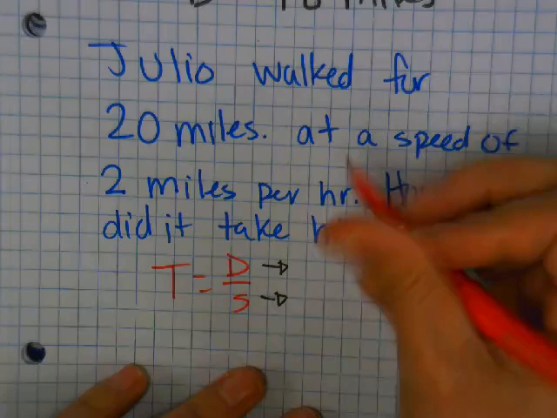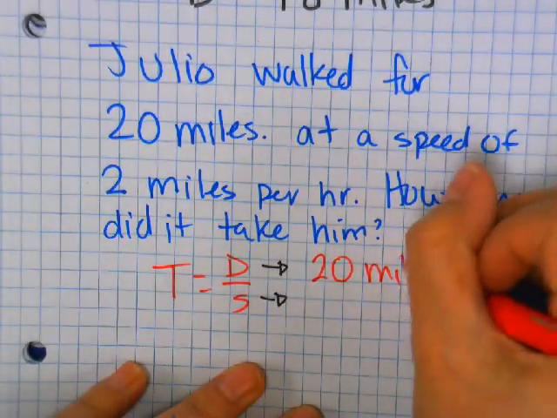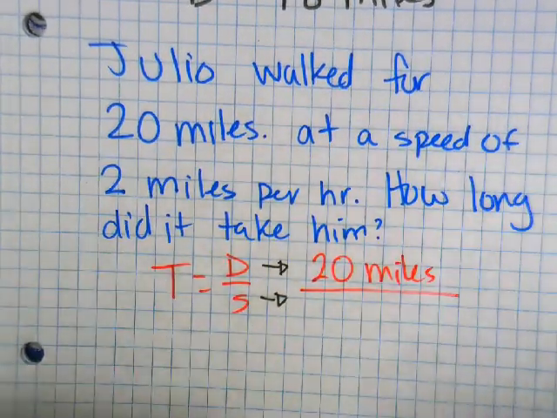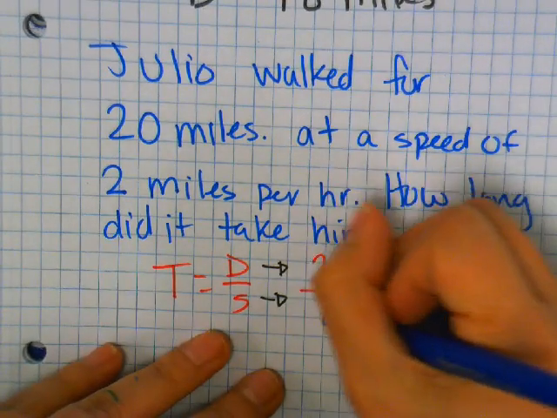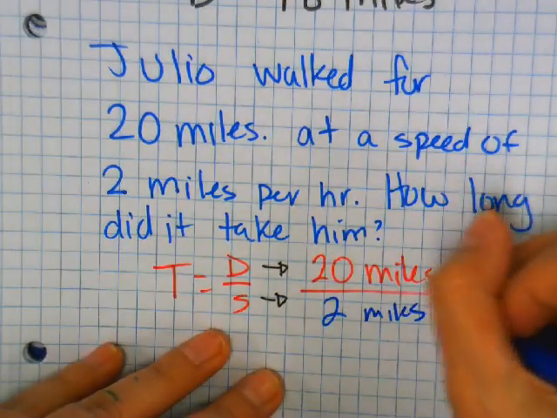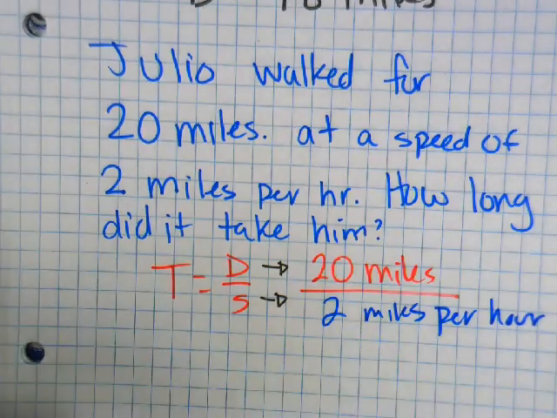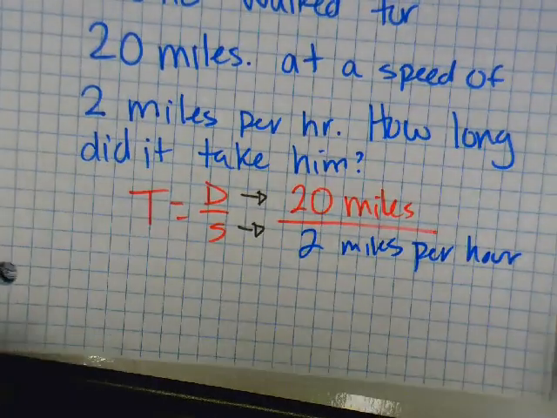So you write it as 20 miles divided by, what's our speed? 2 miles per hour. I'm going to spell it out for this one. The math is easy.